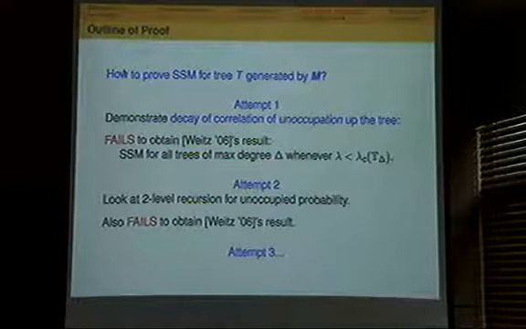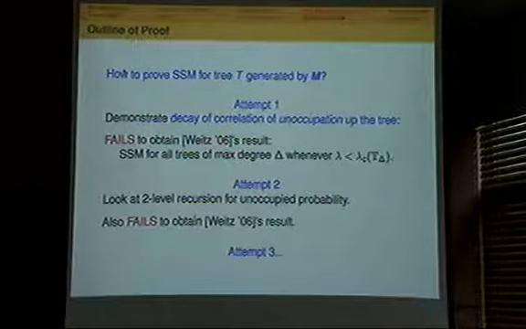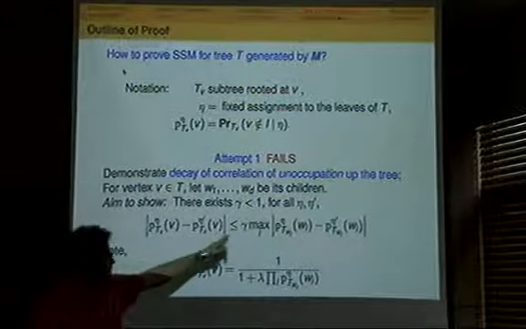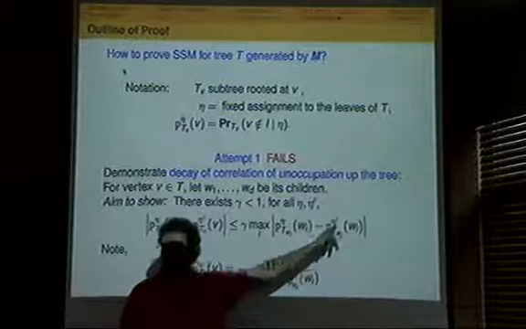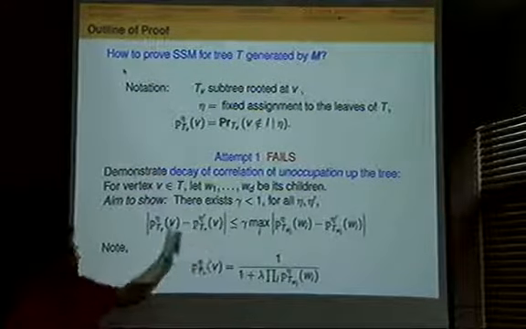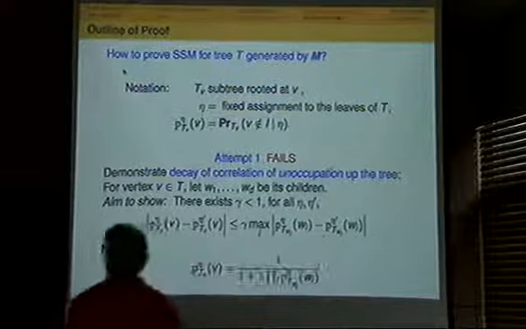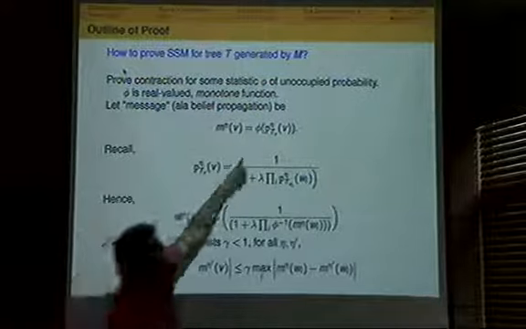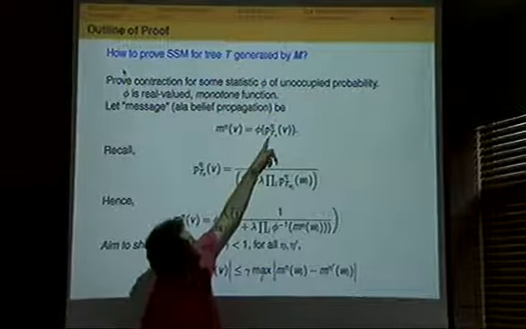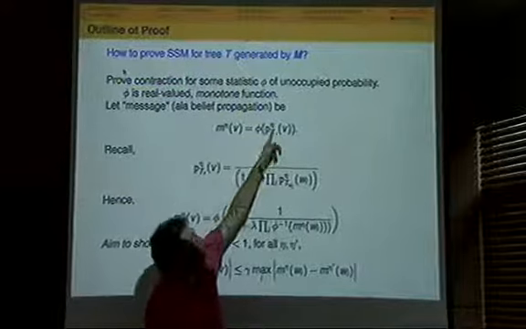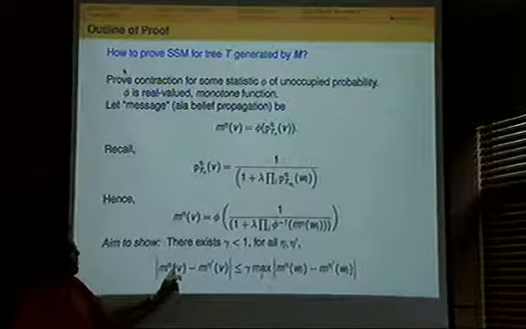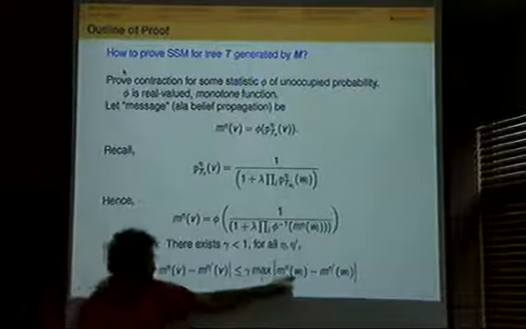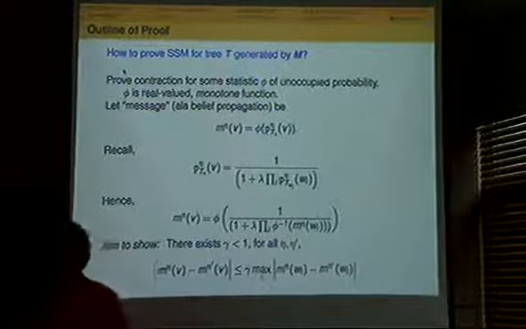But the key thing is that instead of looking at the marginal at the vertex compared to the marginals for the children, I can look at some potential function of these marginals. Okay? So I define some function phi of the marginal, and I show that for this function of the marginal at the vertex, it contracts compared to its children.